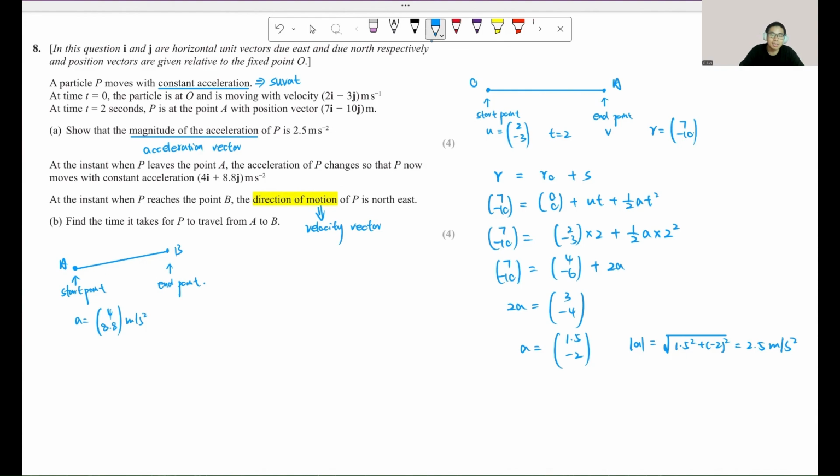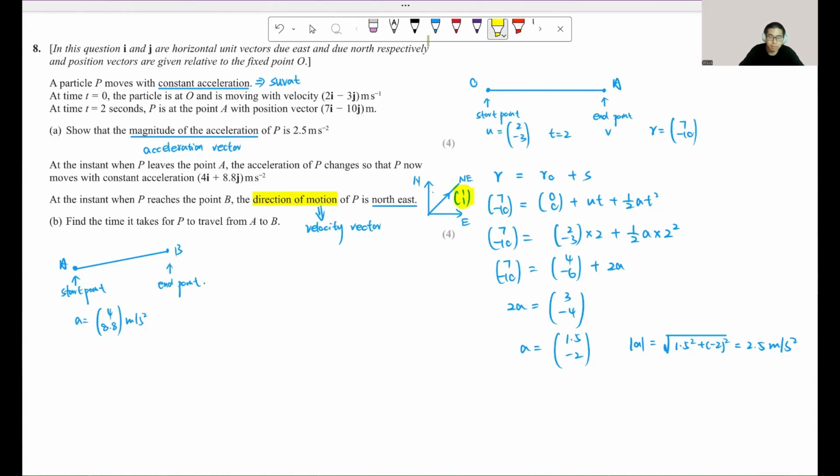When they say it's northeast, we have to compare that to this vector. Let me show you. This is north and this is east. So northeast would be the diagonal line. It's just a vector which is parallel to 1, 1. Remember that every time it's northeast, we need to compare to 1, 1.